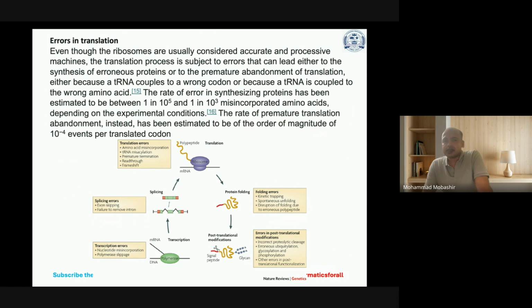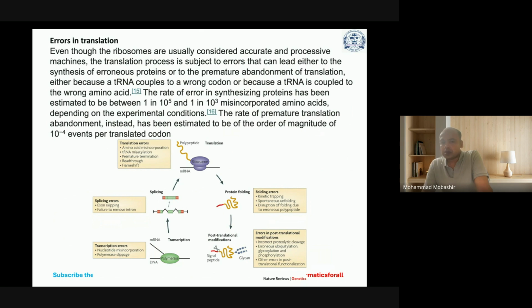So the translation errors could be amino acid misincorporation, transfer RNA misacylation, premature termination, read-through problems, frame shift issues, splicing errors such as exon skipping or failure to remove introns, transcription errors, nucleotide misincorporation, polymerase slippage, folding errors, kinetic trapping, spontaneous unfolding, disruption of folding due to erroneous polypeptide, and errors in post-translational modifications like incorrect proteolytic cleavage, erroneous ubiquitination or glycosylation, and phosphorylation.